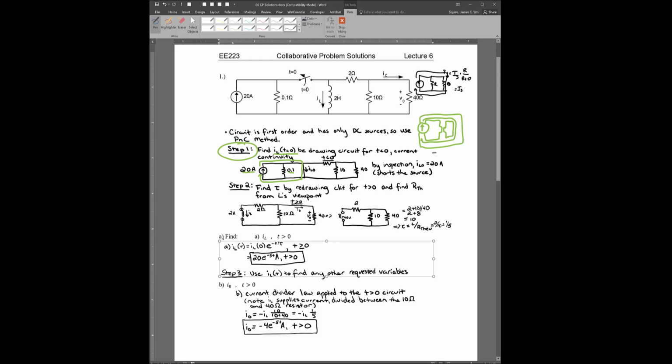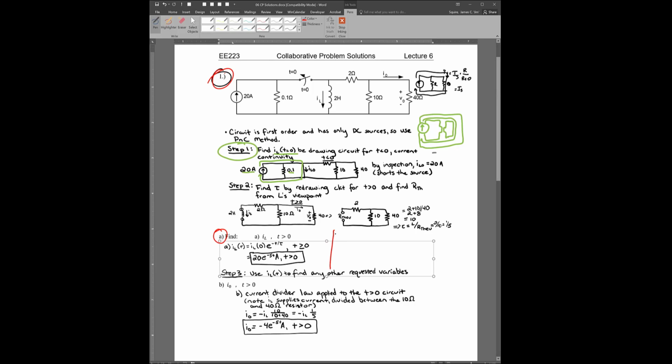I'm sorry, you're doing problem one, part A or B? The thing that you have boxed around right now. Why did you put I_L 0 times e to the negative t over tau? Yeah, I_L at 0.